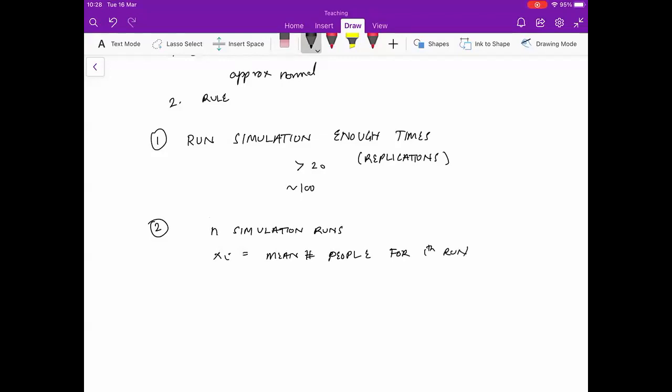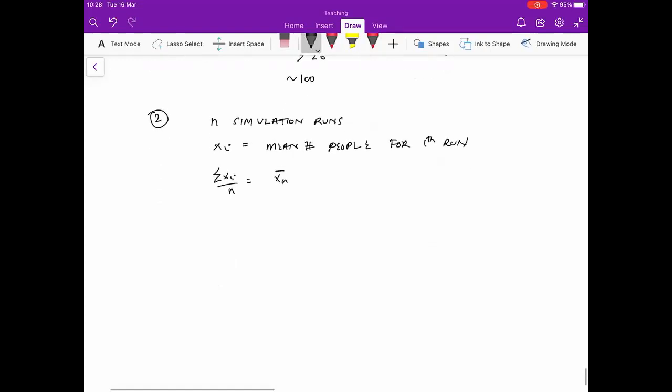And then we'll denote the mean of these values, which is basically sigma xi by n, as xn bar. And then we compute the quantity Sn, which is sigma over i of (xi minus xn bar) squared, divided by n minus 1. And this is approximately the empirical variance.